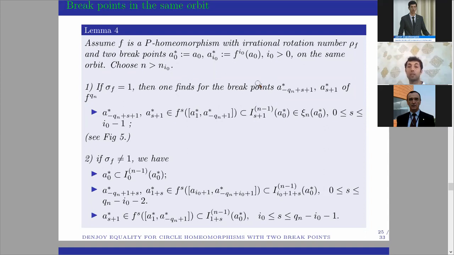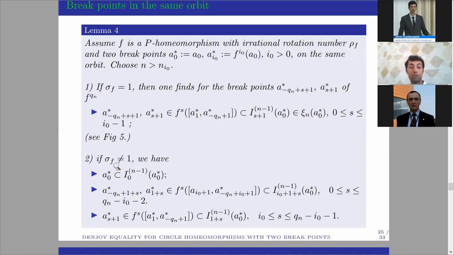Let F be a p homeomorphism with irrational rotation number ρ, and 2 breakpoints in the same orbit. Then, if the jump ratio is equal to 1, this is the location. So all breakpoints belong to this interval.